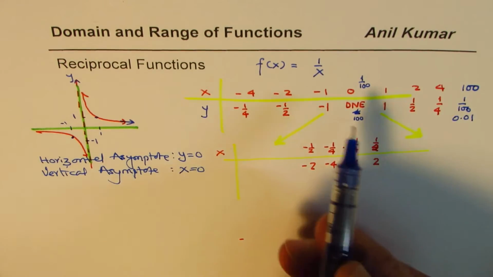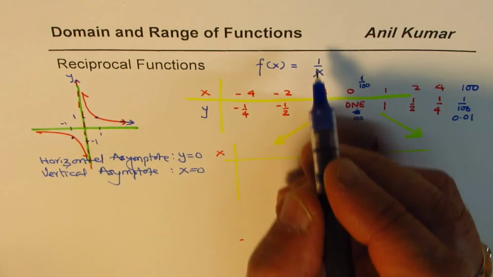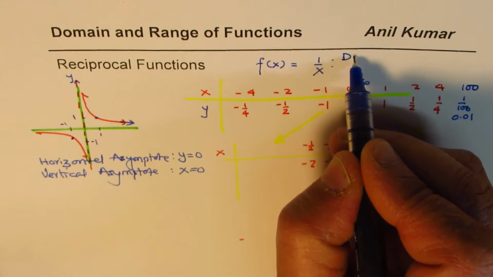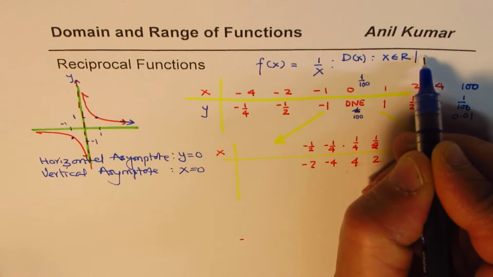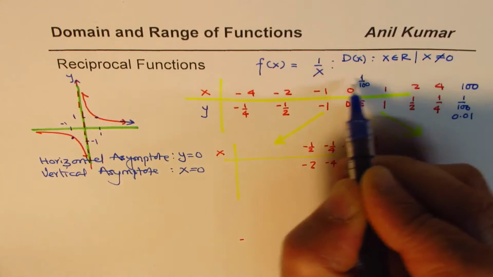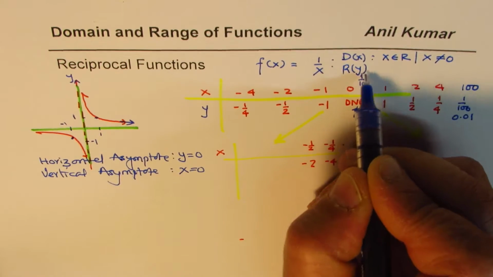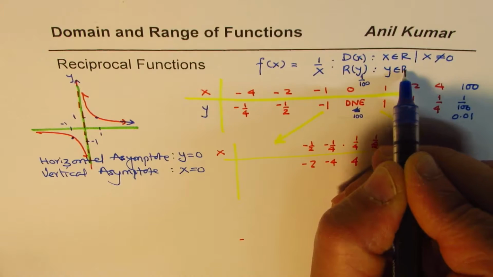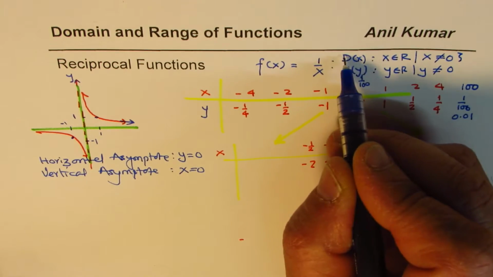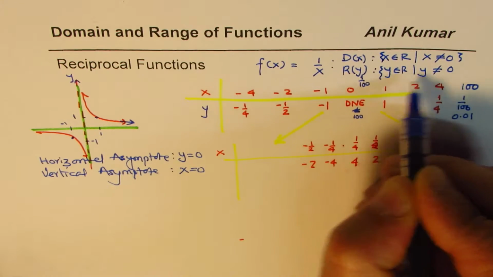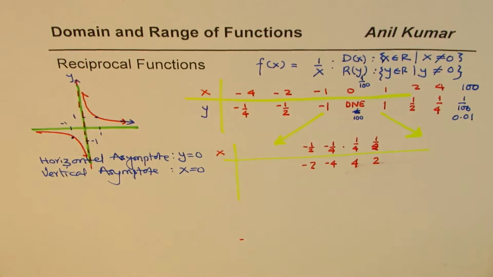For this function, we can write that the domain is x belongs to real numbers, where x is not equal to 0, and the range is y belongs to real numbers, where y is not equal to 0. Perfect. So that is the domain and range of 1 over x.